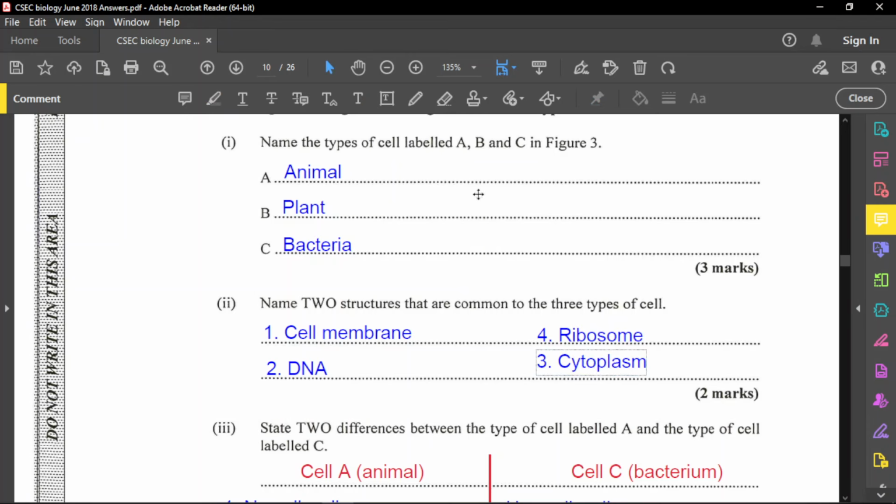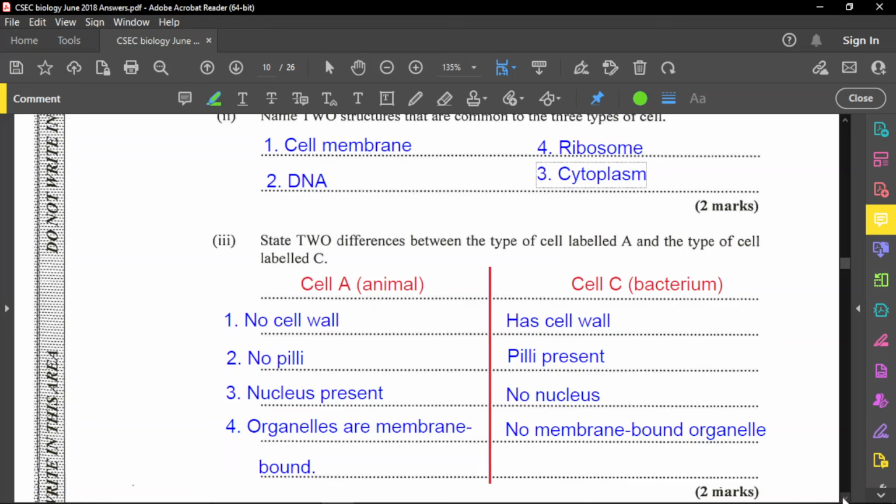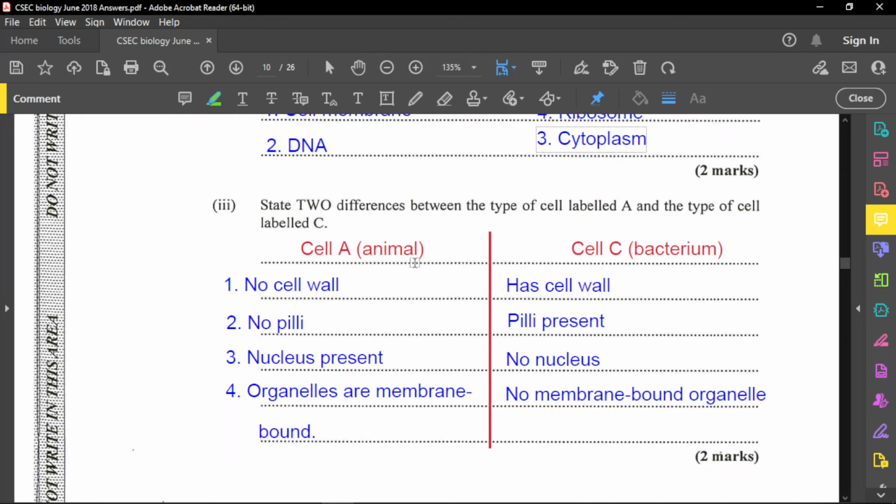All right, so let's now go into part 3 of this question. It states 2 differences between the type of cell labeled A and the type of cell labeled C. And just as a reminder, A is the animal cell and C is the bacterium cell. In animal cells, no cell wall is present.